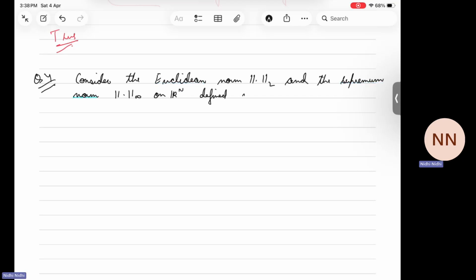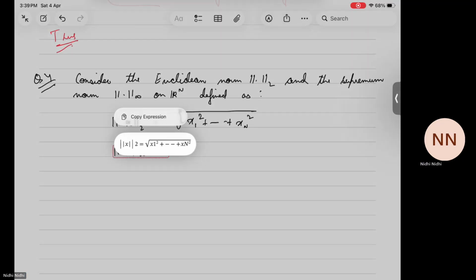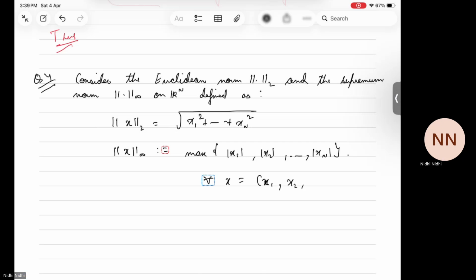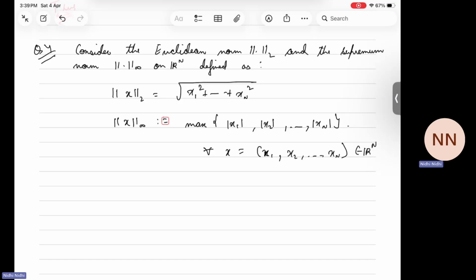The Euclidean norm is equal to the square root of x1 square up to xn square, and the supremum norm is equal to the maximum of mod x1, mod x2, and so on, for every x which is an n-tuple in Rn. Then, which of the following inequalities is true for all x in Rn?